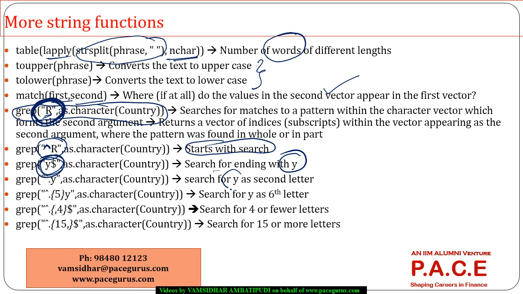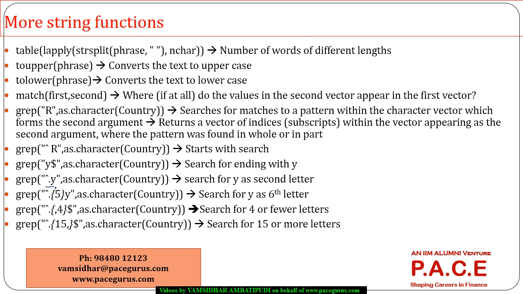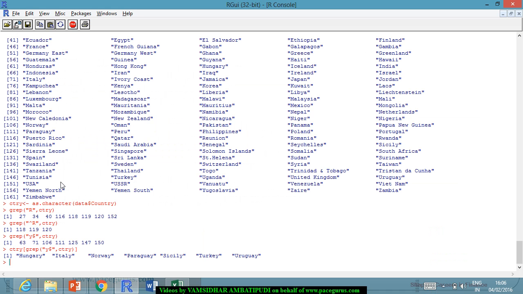Then another interesting thing, I want those countries which have Y as the second letter, not as the first letter. For the first letter we put a power symbol, but for the second letter, this is an interesting part.